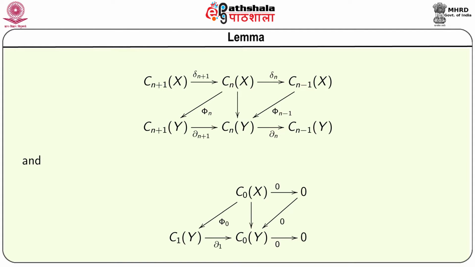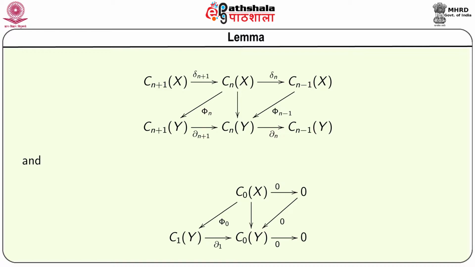This lemma says that there exists a family of functions which are denoted by the diagonal arrows in this diagram. The arrow from Cnx to Cn plus 1 y is denoted by phi n, and an arrow from Cn minus 1 x to Cn y denoted by phi n minus 1.